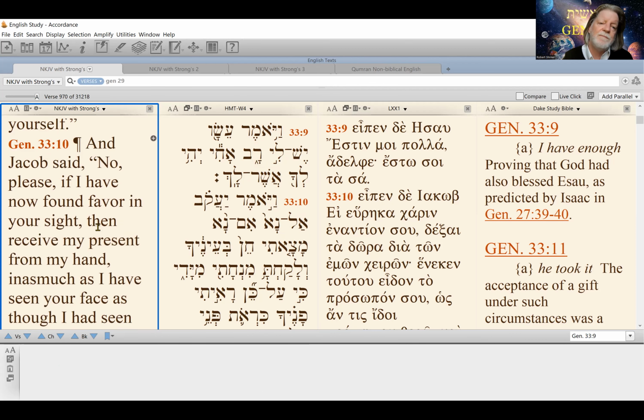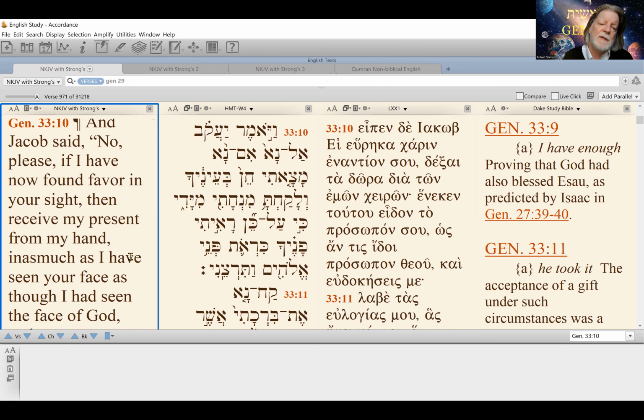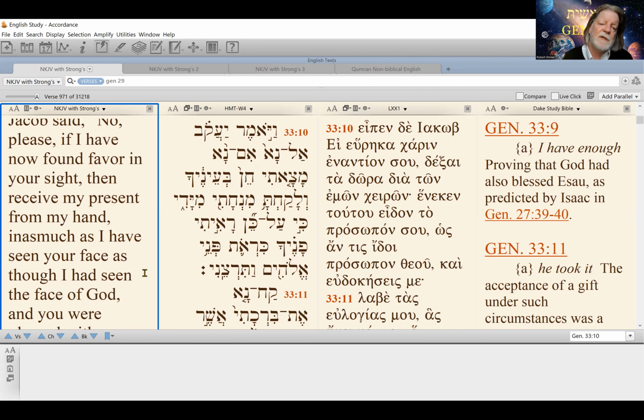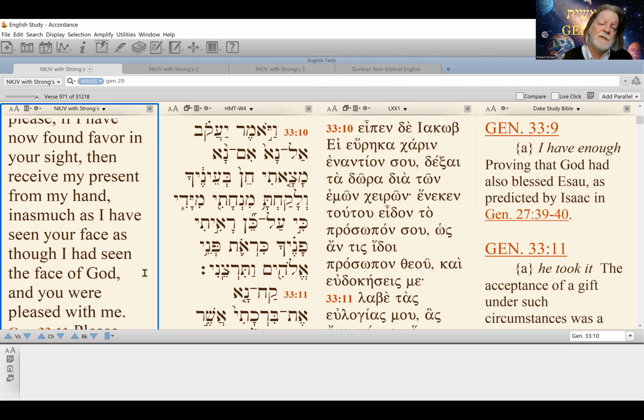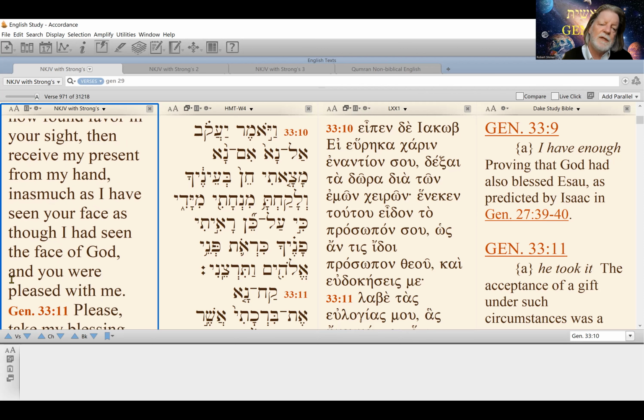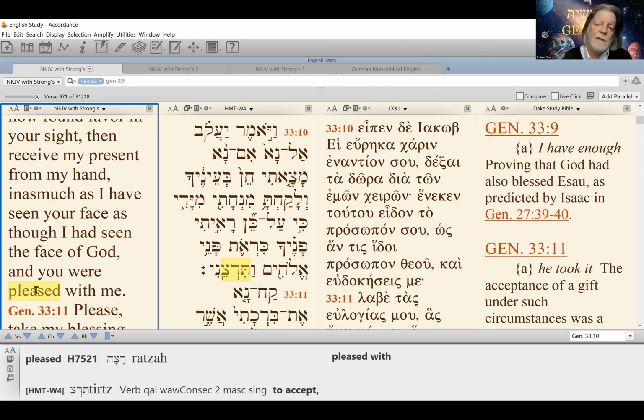Okay, verse 10. Yaakov said, no, please, if I have found favor in your sight, then receive my present from my hand, inasmuch as I have seen your face, as though I had seen the face of God, and you were pleased with me. The Hebrew word is tirtzeh.